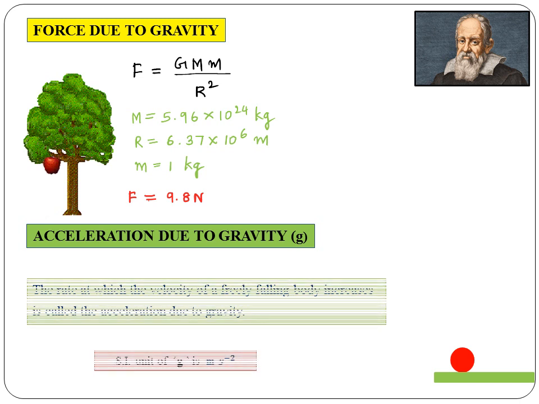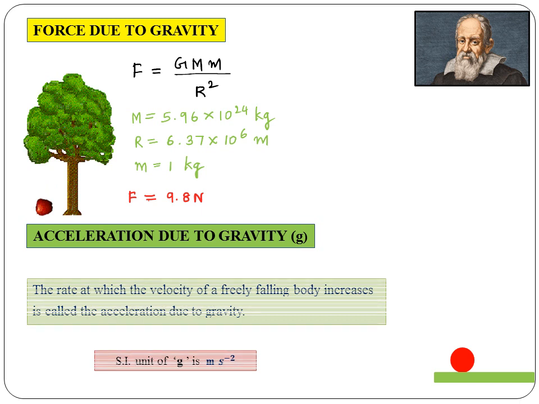The acceleration of a freely falling body does not depend on the mass of the body, its size and its shape. This acceleration is known as the acceleration due to gravity. So we define acceleration due to gravity as the rate at which the velocity of a freely falling body increases.